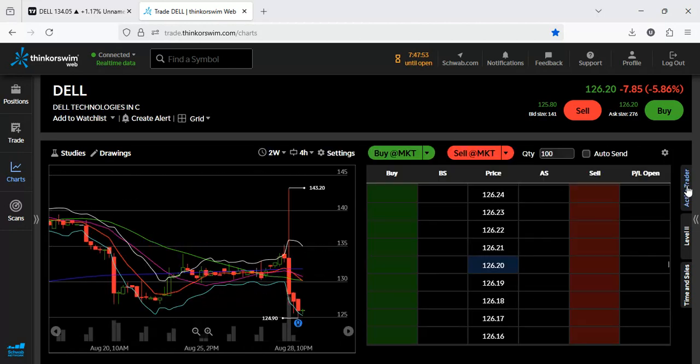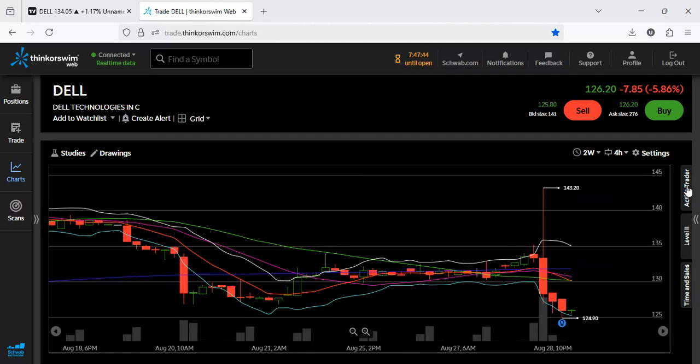EPS outlook: some investors expressed concern over earnings per share projections despite strong revenue growth, suggesting margin compression could impact profitability. Competitive dynamics: the market is closely monitoring Dell's performance relative to competitors in the AI server space, particularly given the rapid growth in this segment.